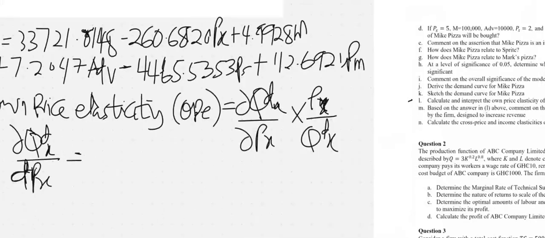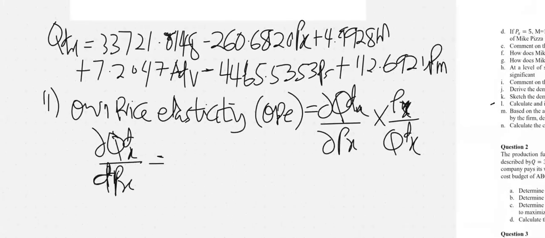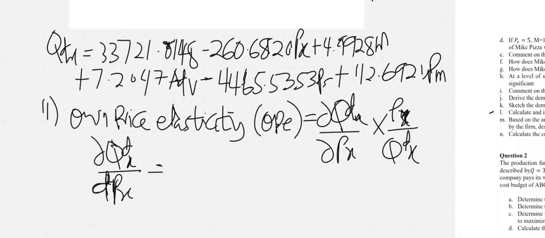The formula for the own price elasticity of demand has been stated, which is own price elasticity (OPE) equals dQ_dx over dP_x times P_x over Q_dx.